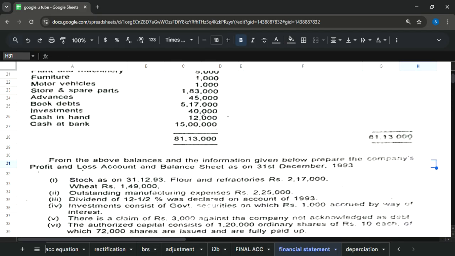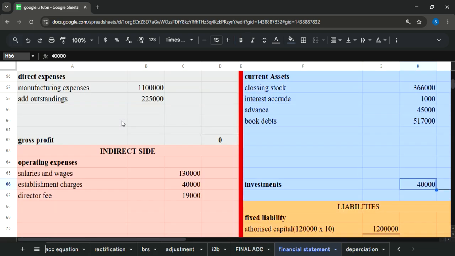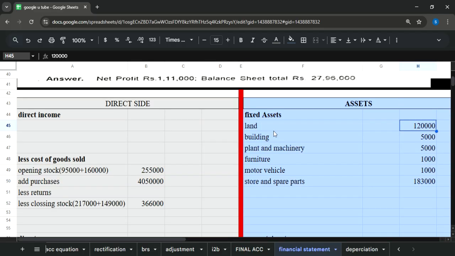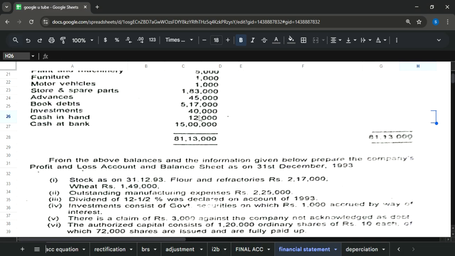So guys, after investment we have cash in hand, current asset here, amount of cash in hand is 12,000.